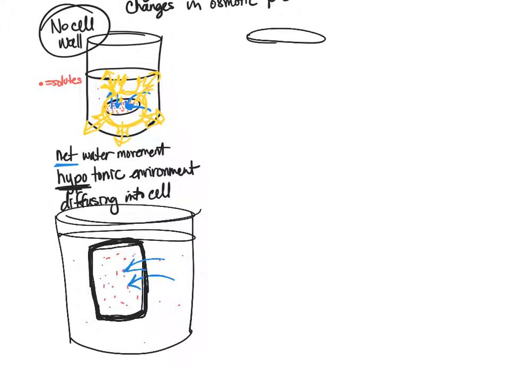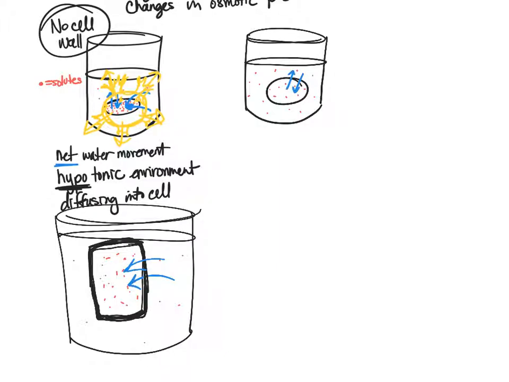Now if we go back up here with our no cell wall, and have our cell in here, and we take a look at our solute situation. If we take a look at this situation, which direction do you feel like our net water movement is going? So in this case, what we see is we do not have net water movement.